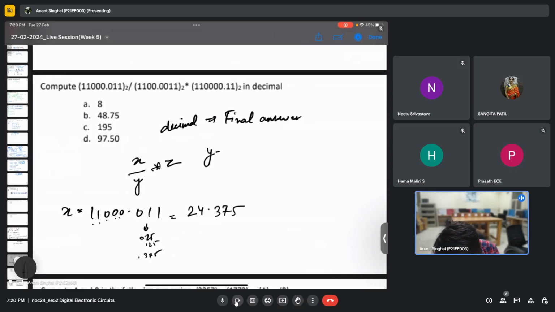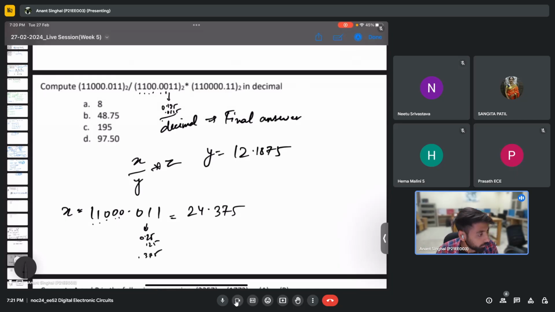Similarly, let's calculate y, which is 1100. So this is 12, and then 0.125 and 0.0625, so this is 0.1875.